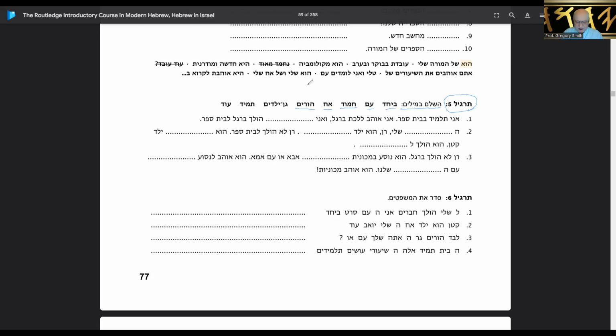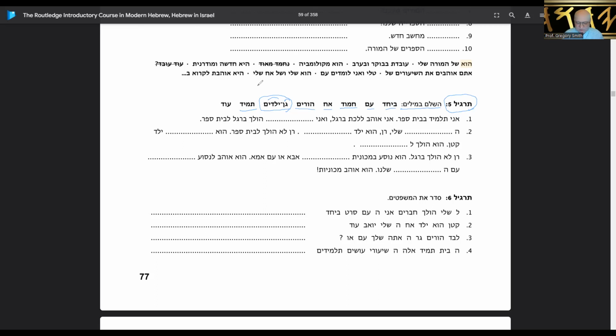I think that's parents. And then Gan Yeladim. Now remember, that one was for kindergarten. Literally, it means garden of children. Isn't that something? Kindergarten.